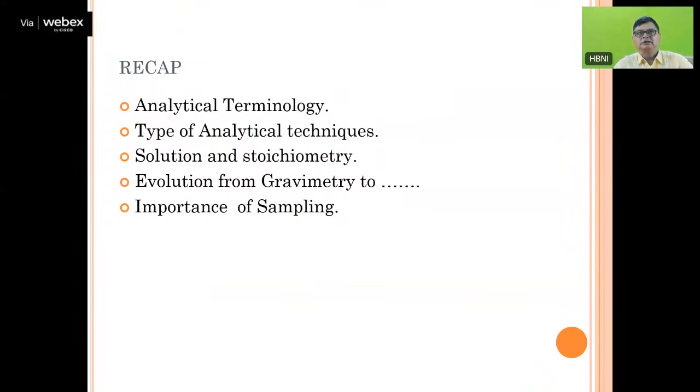Apart from this terminology, we have then learned about the types of analytical techniques.